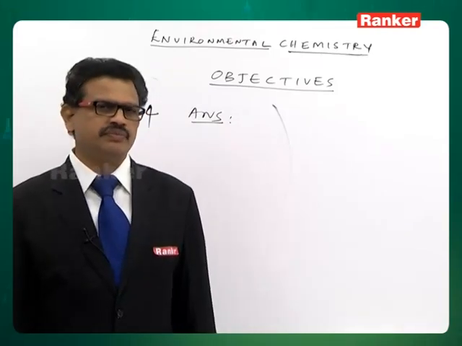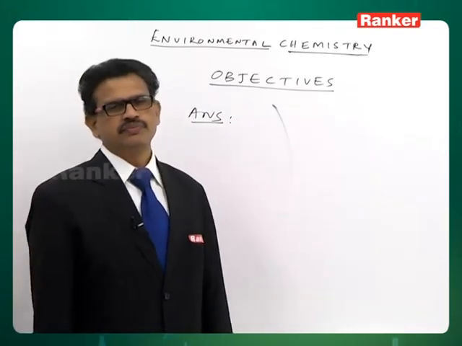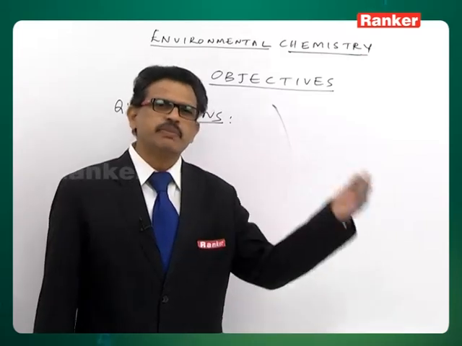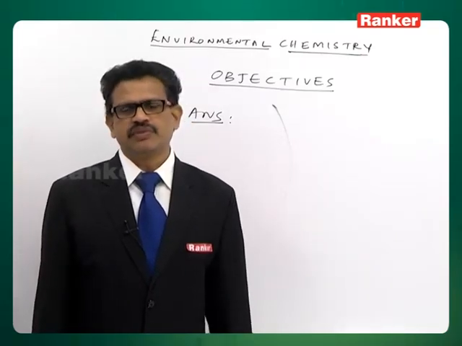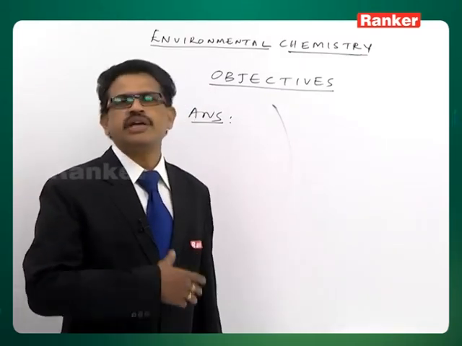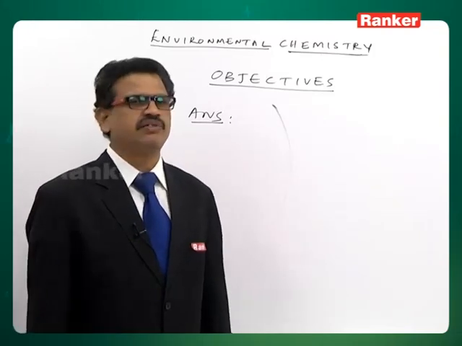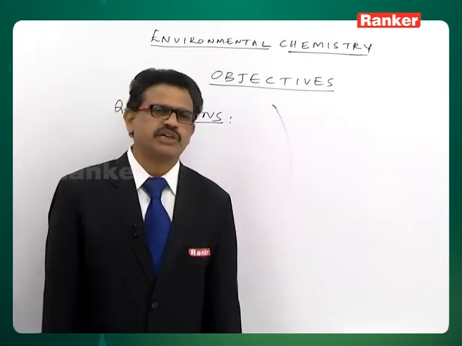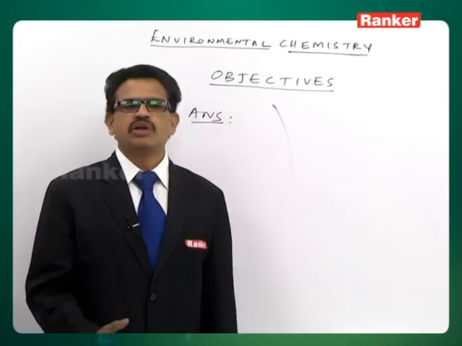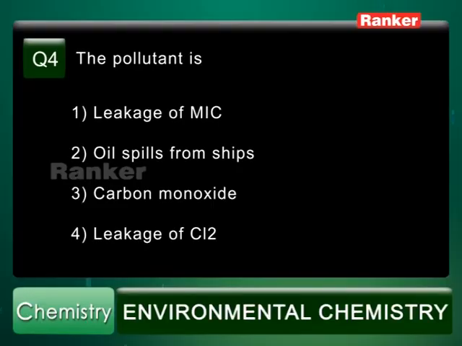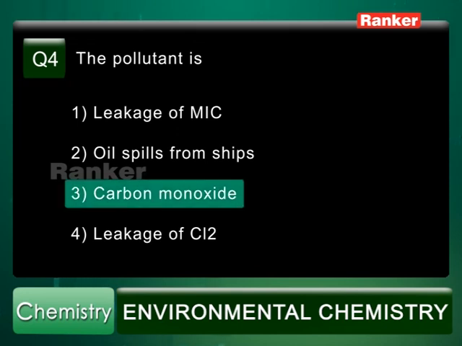A pollutant is present in nature and is adversely increased by human activity. A contaminant is only released by human activity. So among the four, the remaining are contaminants and the pollutant is carbon monoxide. So we can go for answer 3. This is called a pollutant.